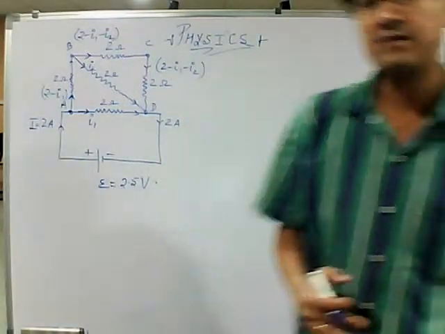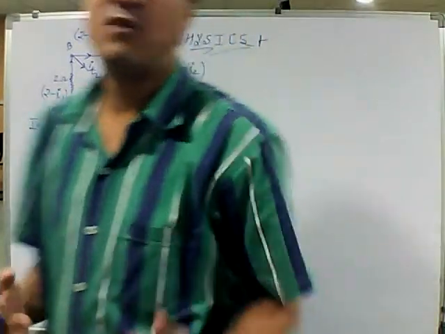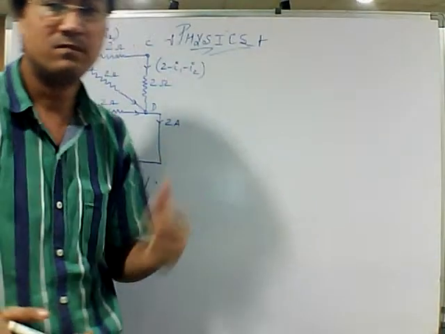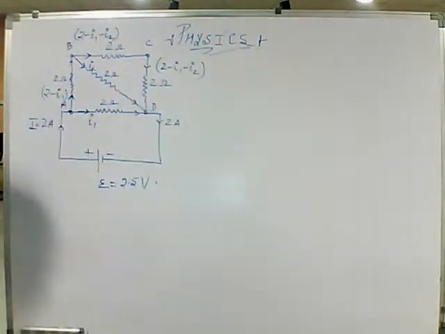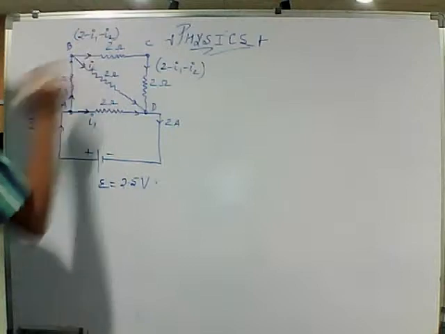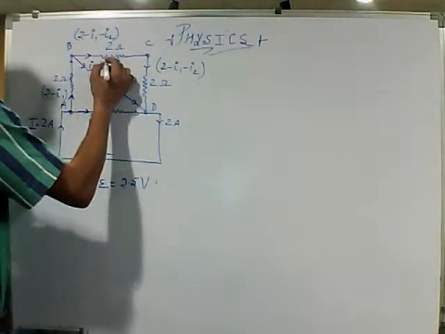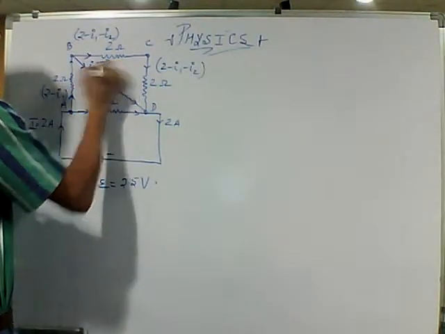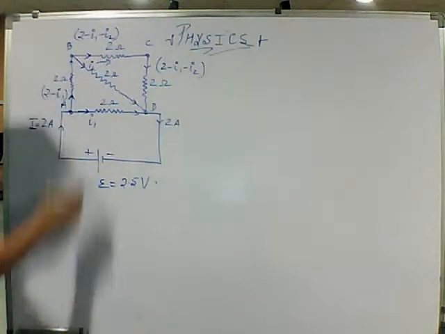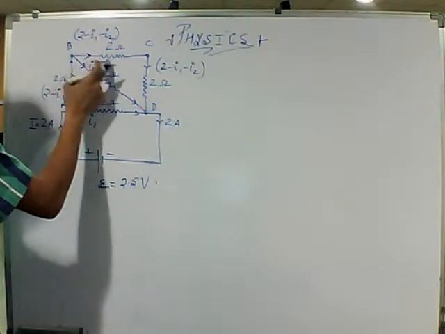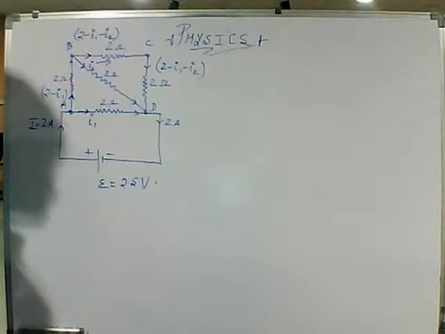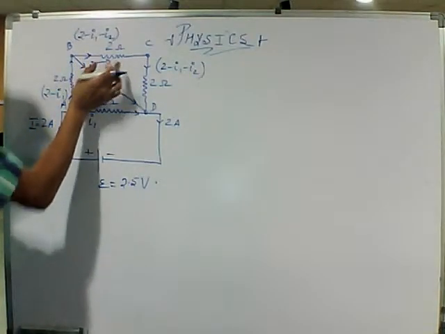So now it is time for us to form the equations for loops. Chalo, let us form the equations for loops. Let us take this loop first of all, and we can move in any direction. So I'll move in this particular direction. If I move in this direction, over here the current and the assumed direction are the same. So what will be the potential across the 2 ohm resistor?